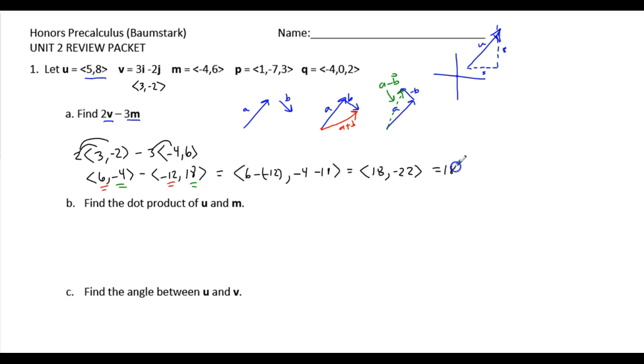Or you could write that as 18i minus 22j would be another acceptable way to write that.